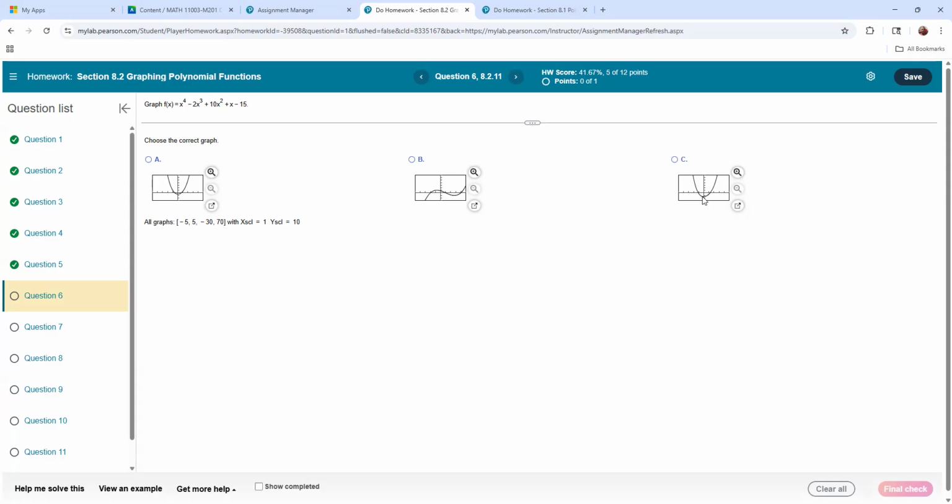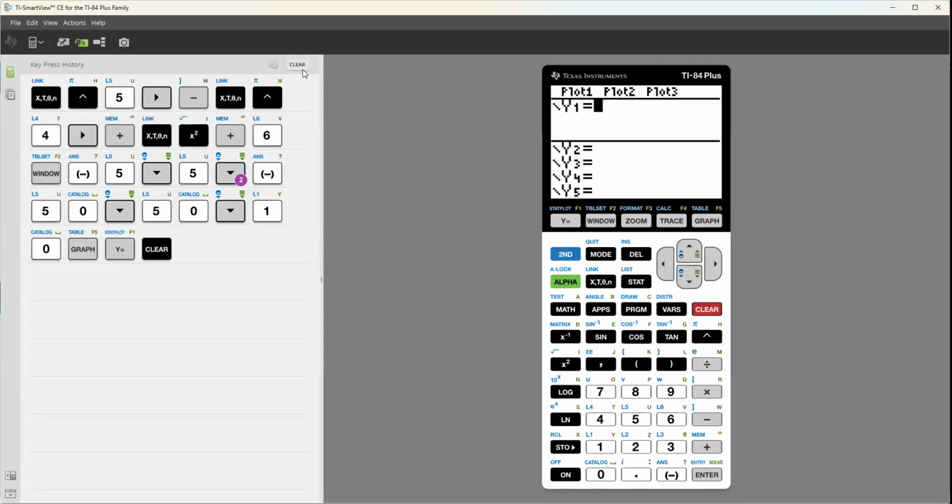So what we've got to figure out is which one to pick. So notice this says go from negative 5 to 5, negative 30 to 70, and use the x is 1, y is 10. So y'all, I'm going to go to the calculator. I'm going to clear everything off.